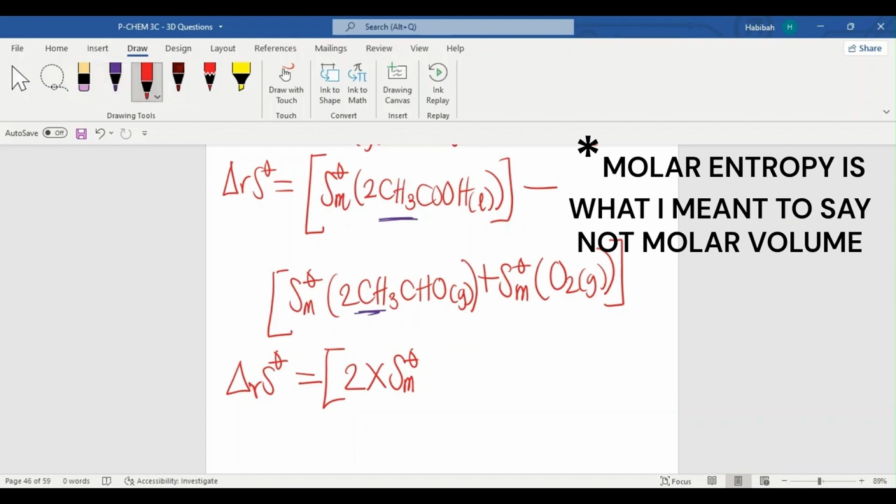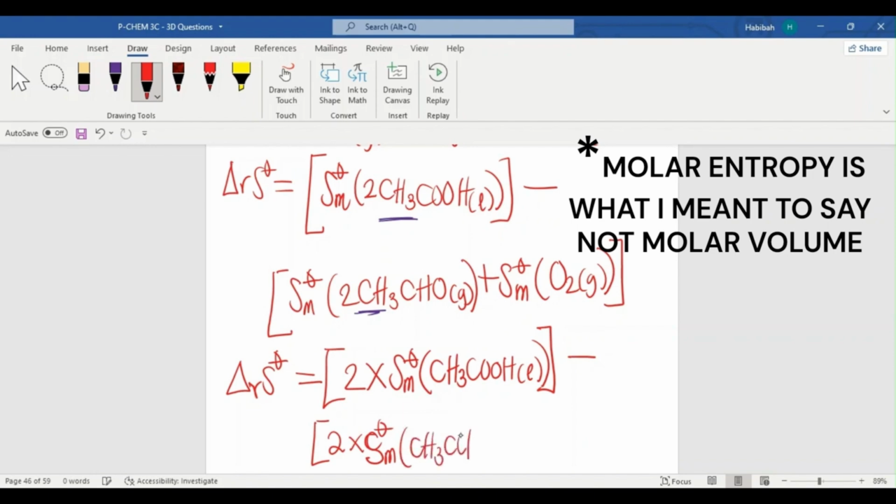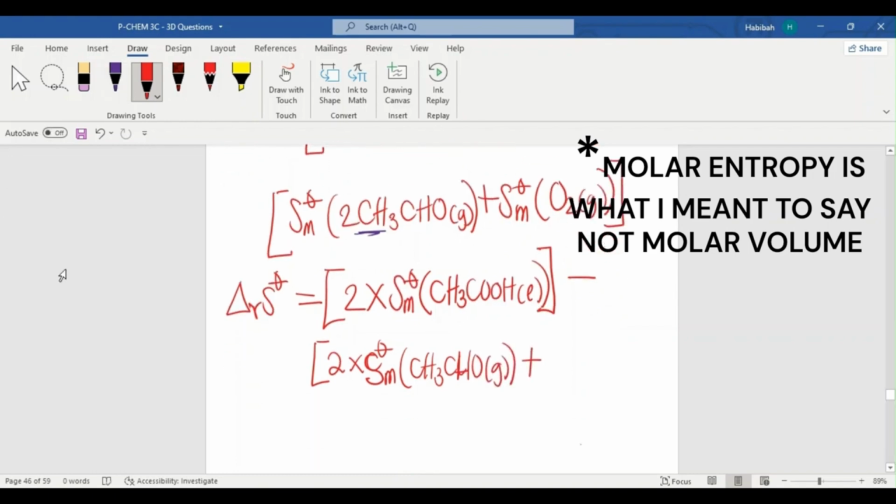So that's how it's done. So now we're just going to say 2 times CH3COOH liquid, minus, do the same thing here, 2 times the molar entropy for CH3CHO gas, plus the molar entropy of O2 gas.